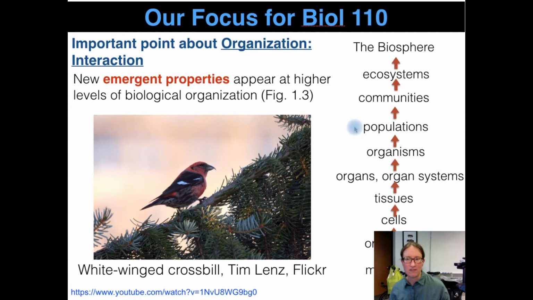Then populations of different organisms that interact with each other form ecological communities. And ecological communities also interact with their non-living surroundings, so the combination of both living and non-living things found in an environment forms a collective called an ecosystem. And then at the highest level of organization here on planet Earth, this entire collective is known as the biosphere.